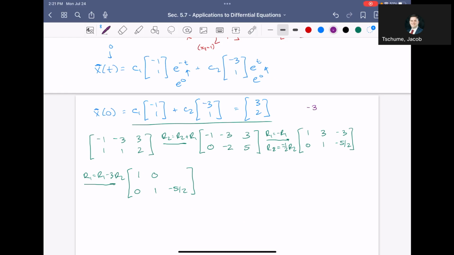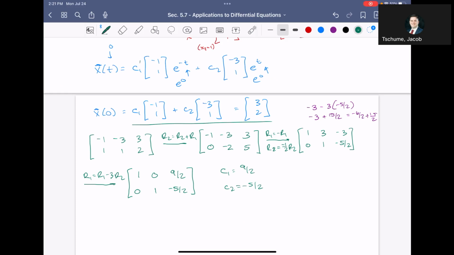This is negative 3 minus 3 times negative 5/2. So that's negative 3 plus 15/2. And let's see, that's going to be negative 6 over 2 plus 15/2, which would end up being 9/2. So we have just found that C1 is 9/2, C2 is negative 5/2.